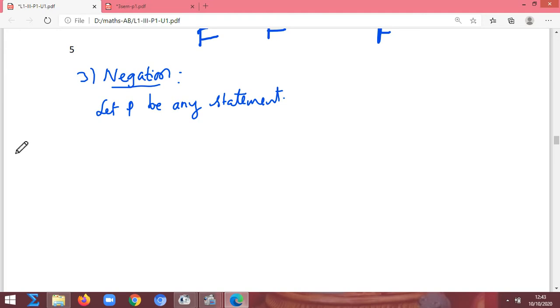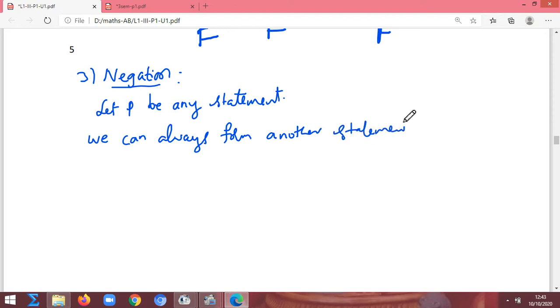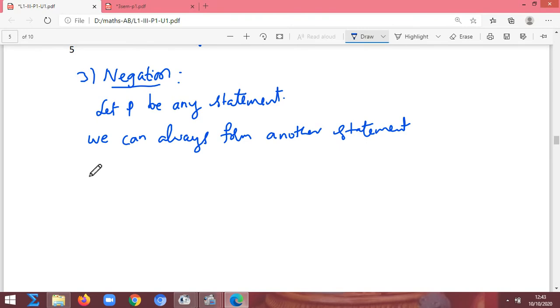So we can always form another statement called negation of P. So how will the negation of P be formed?